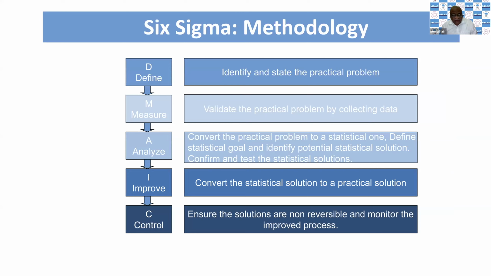What is required in this Six Sigma? First, you have to identify the problem. First, we have to accept there is a problem. What is the problem? Then you collect data related to that problem. You measure how much of the problem you are observing. Suppose you find there is a problem in the labeling.